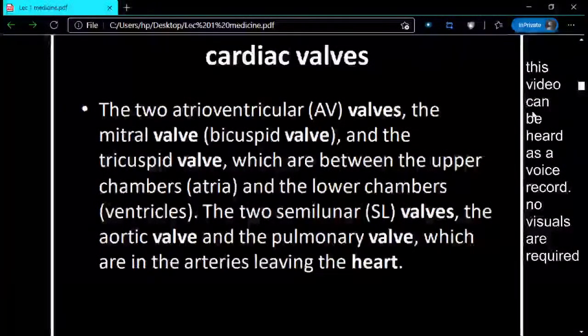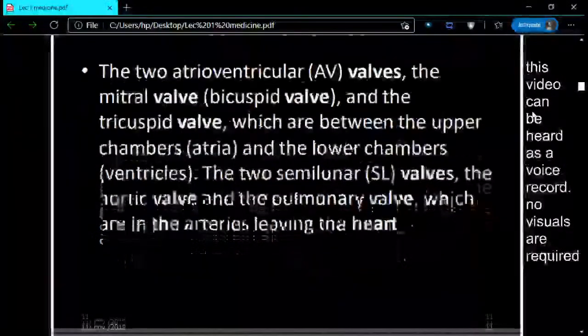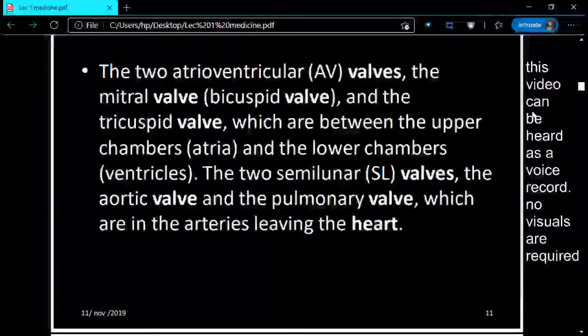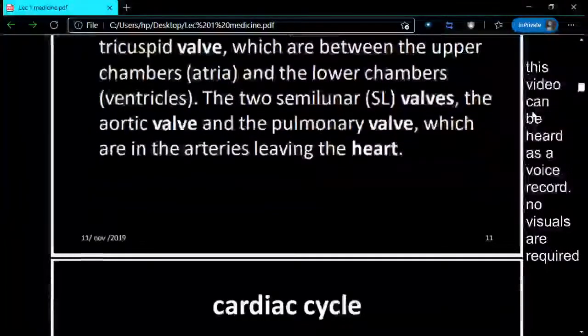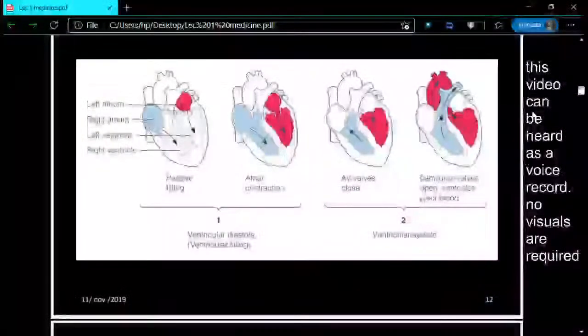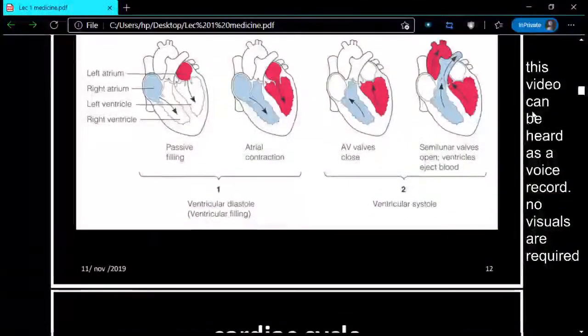Between the right atrium and ventricle is the tricuspid, and on the left is the mitral valve. Between the lungs, and of course between the atriums and the ventricles. This picture shows the right atrium and the left ventricle.